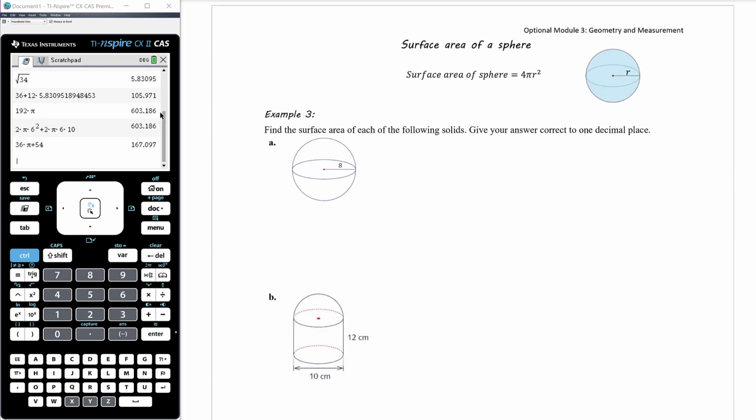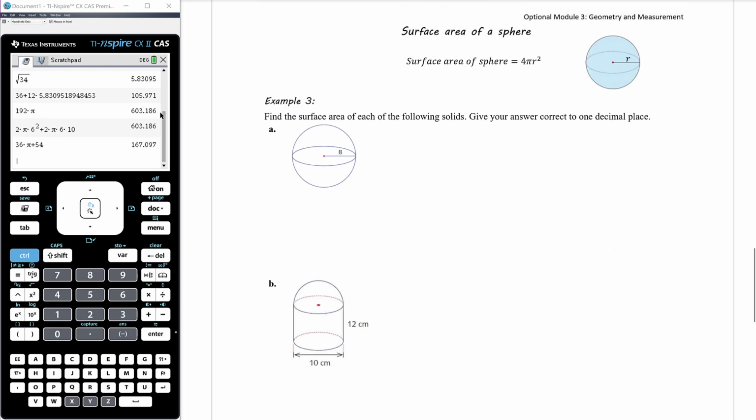Okay, surface area of a sphere, again I'm just going to give the formula here. So the volume of a sphere is 4/3 pi r cubed, and the surface area is 4 pi r squared. So we want to find the surface area of each of the following solids.